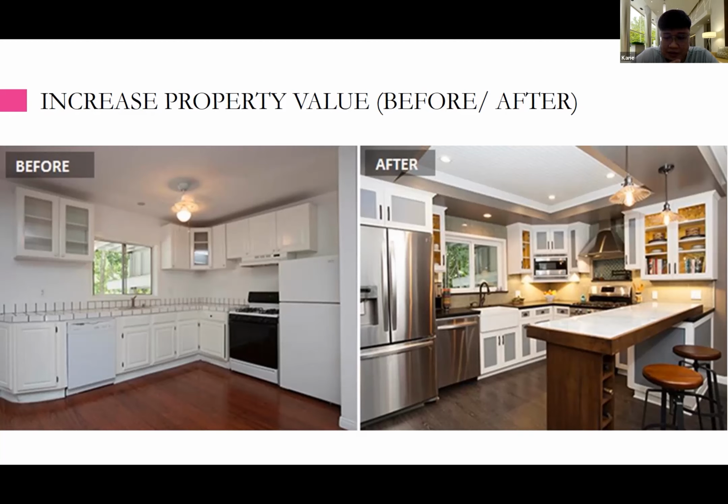When you visit the house, you can spot the items that can bring more points to the renovation and convince the clients. On the left side, it is actually quite okay. The white cabinet should be no problem.